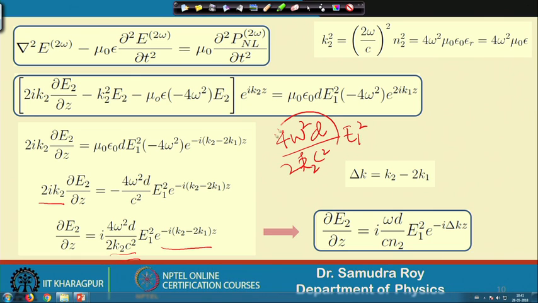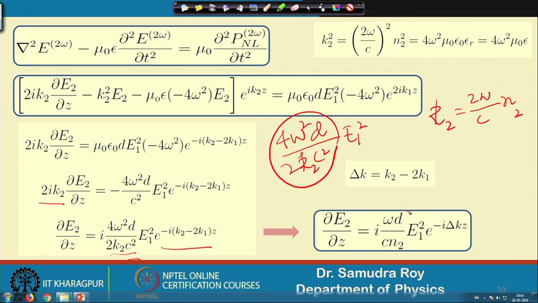Now this term we can further simplify, because k 2 is nothing but 2 omega divided by c multiplied by n 2. If I now put this term, omega and c will cancel out, we will have d, and this 2 will cancel out with 2.